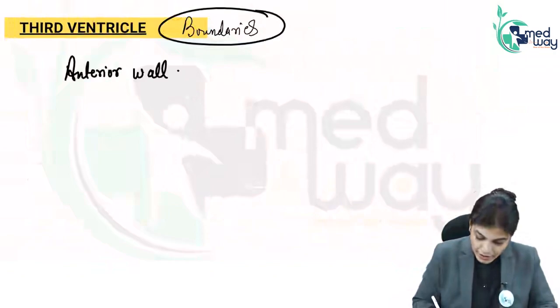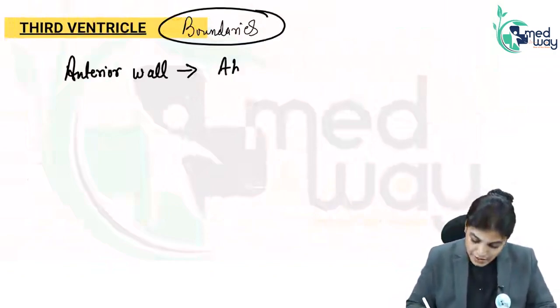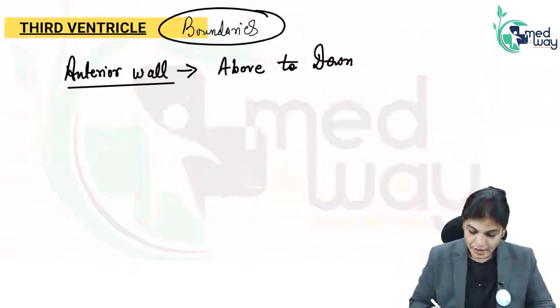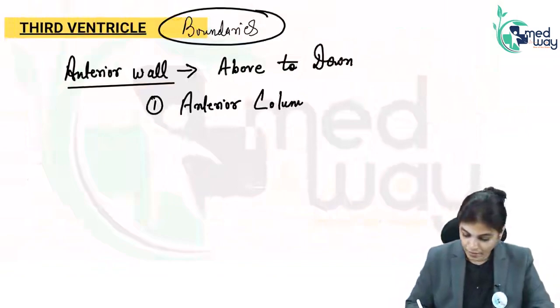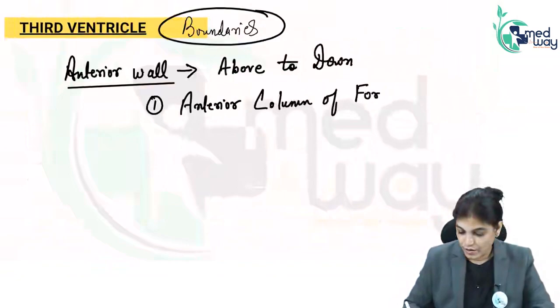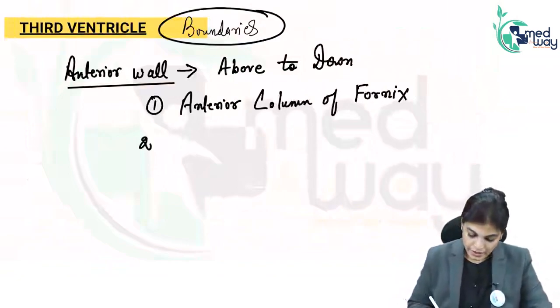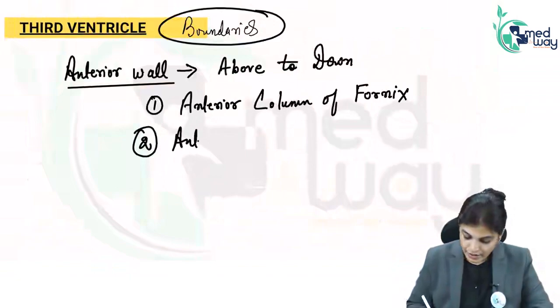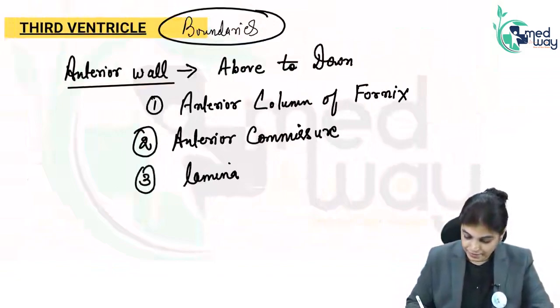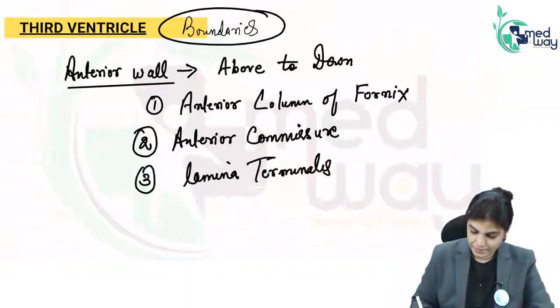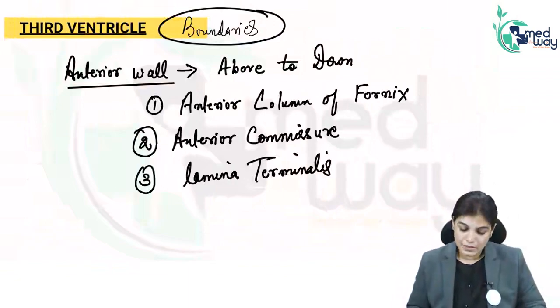If we talk about the anterior wall, it is formed from the following structures, from above to down: the anterior column of fornix, then the anterior commissure, then the lamina terminalis. These are the structures in the anterior wall.